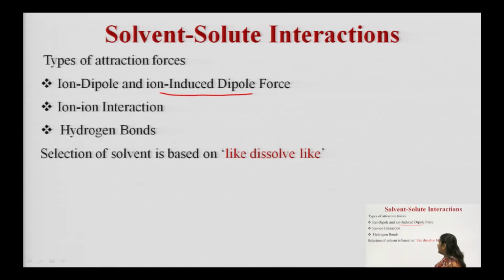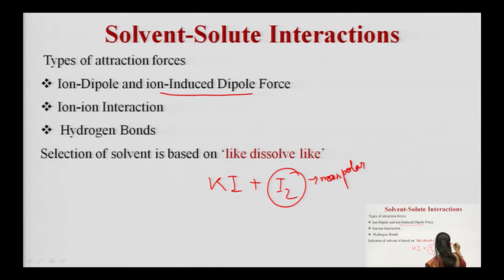In this case, suppose we have KI, and the attraction force exists between KI and I2. I2 is a non-polar molecule, and KI is an ionic compound.